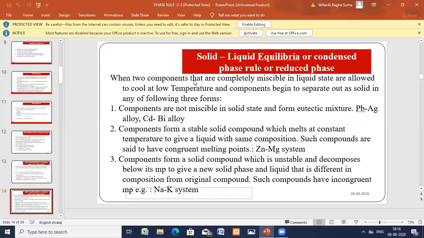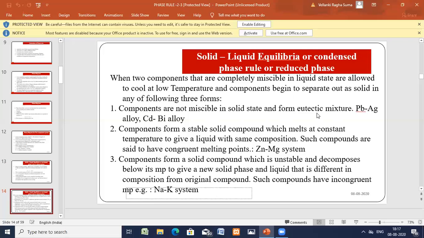Two components completely miscible in the liquid state separate out as solids on cooling. After separation, the two components are not miscible in the solid state. You can see them separately, and they form the eutectic mixture. For that you have the example of silver-lead.